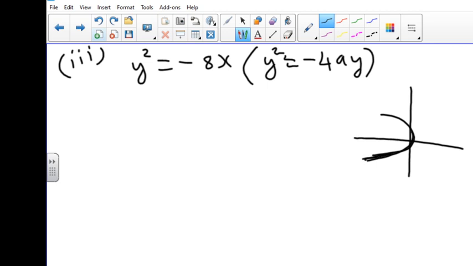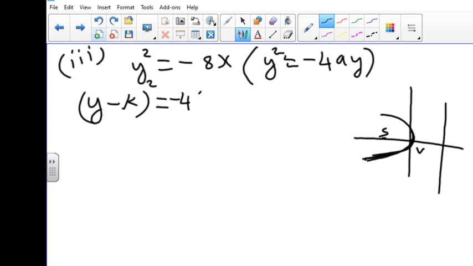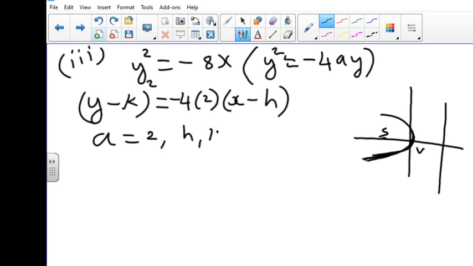It is open leftward and here we have the focus S, this is the vertex, and for this we have the directrix here. It can be written as y minus k the whole square is equal to minus 4 into 2 into x minus h. So here a is equal to 2 and h comma k is equal to 0 comma 0.